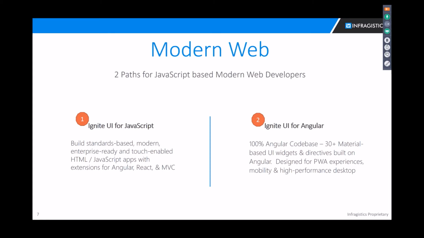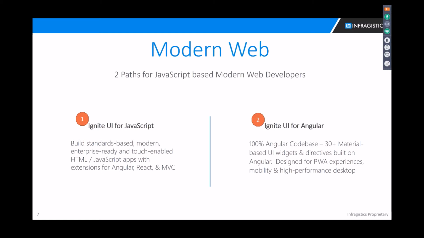But at the end of the day, we are continuing to look at this idea of dependency free. So in Ignite UI for JavaScript, over the next 12 months, you can expect us to remove that dependency, so you don't have to use even the tiny jQuery library, exactly like we've done with Ignite UI for Angular. It is a dependency free framework.